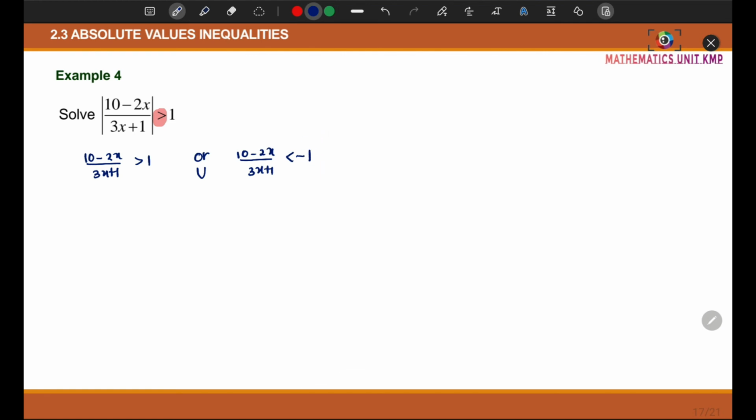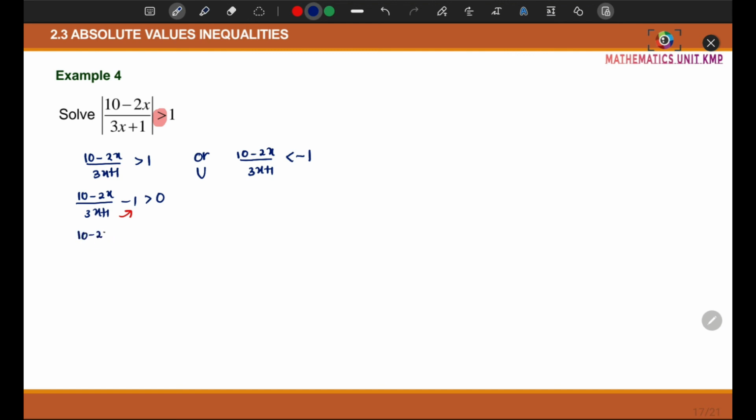Okay, so solve separately. Remember, we cannot cross multiply a rational inequality, so we need to bring everything to one side. So 10 minus 2x divided by 3x plus 1 minus 1 greater than 0. Then we cross multiply here.